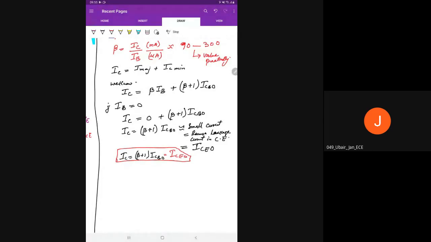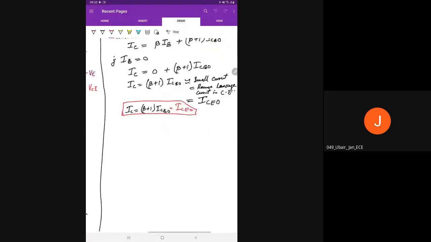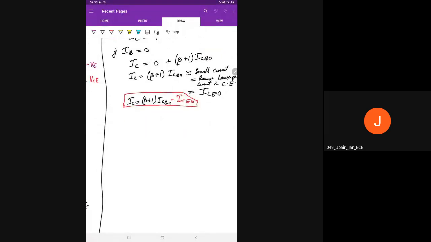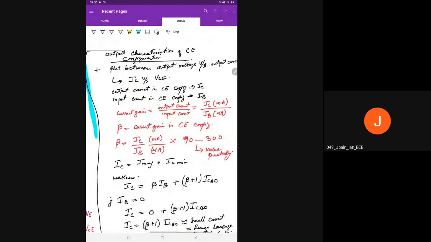So this is the reverse leakage current, and if you remember from our class, the derivation of reverse leakage current was the first step in our output characteristics. Now see, if we draw the output characteristics now, in the beginning it is IC versus VCE.